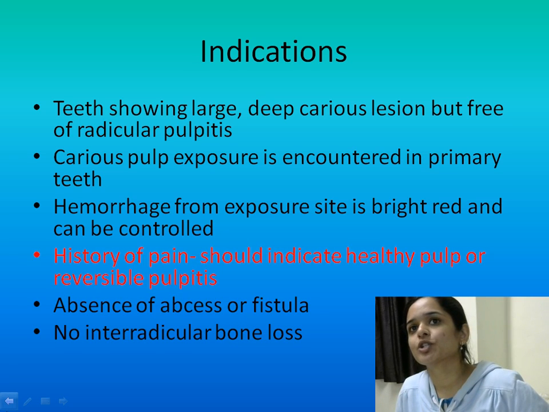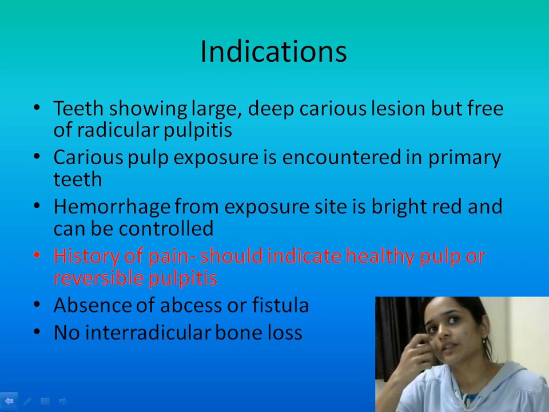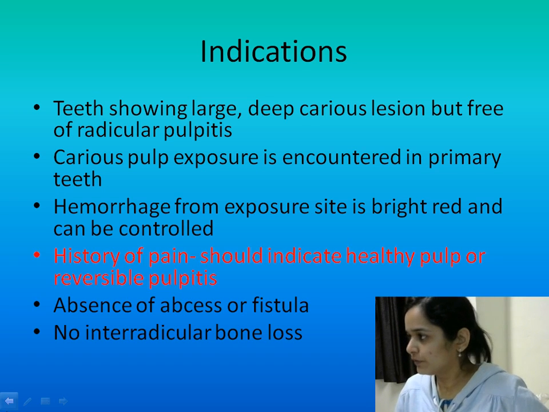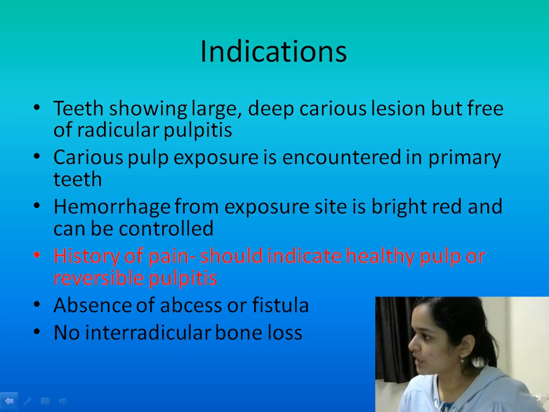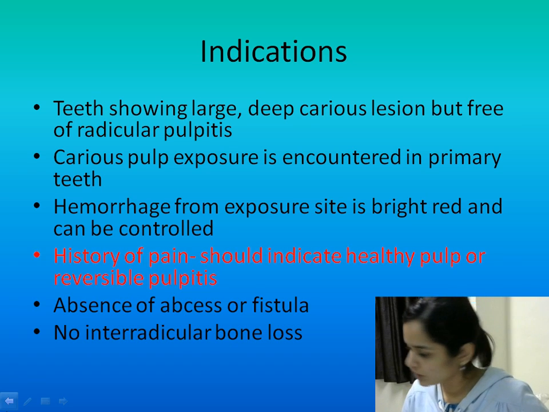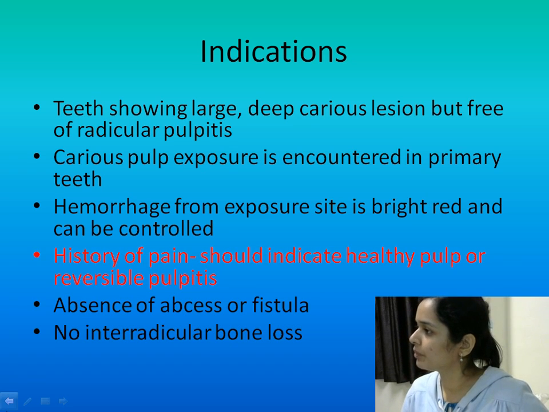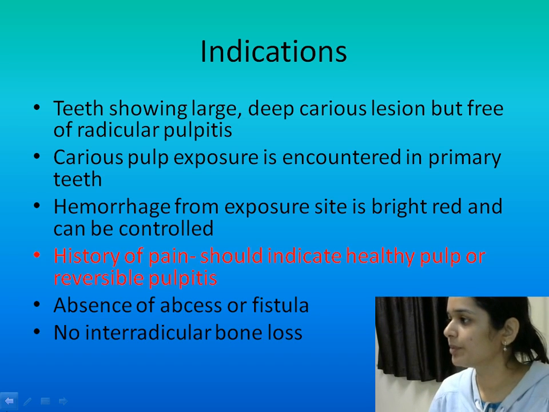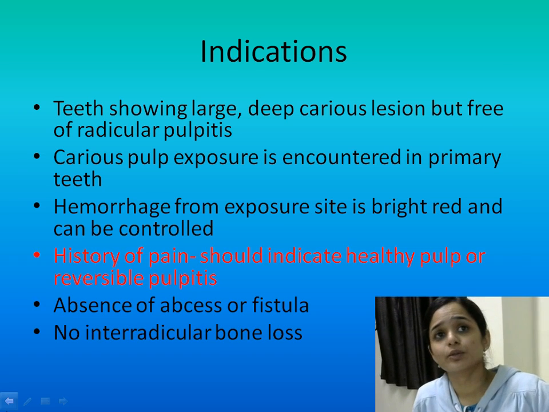Carious pulp exposure is encountered in primary teeth. If carious pulpal exposure is there, then you definitely know that the coronal pulp is going to be inflamed. But based on history, you may think that the radicular pulp is still not inflamed. Then you will do a pulpotomy.